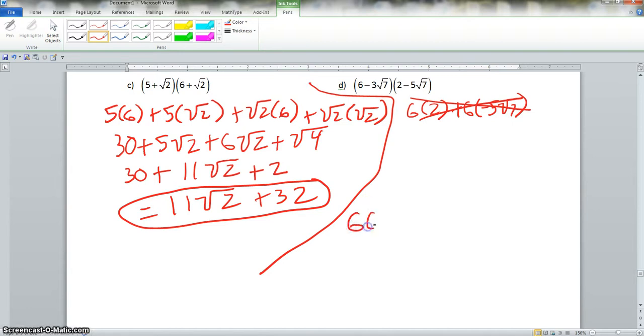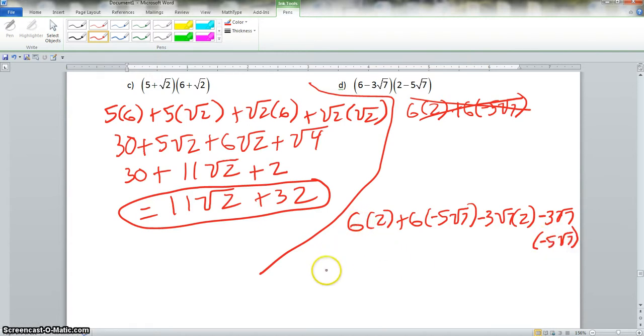It'll be 6 times 2 plus 6 times the negative 5 square root 7 minus 3 square root 7 times 2, minus 3 square root 7. And I ran out of space here, so I'm going to write down, it'll be minus 3 square root of 7 times the negative 5 square root 7.